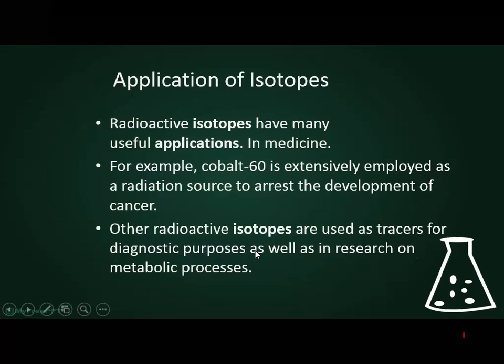In medical treatment, many different researches have been made on metabolic processes, using these radioactive isotopes as tracers to carry out research for the treatment of different diseases, not only for cancer, but for other diseases as well, like the treatment of thyroid glands or kidneys, in the field of nuclear medicine or nuclear radiation. These radioactive isotopes have been used.